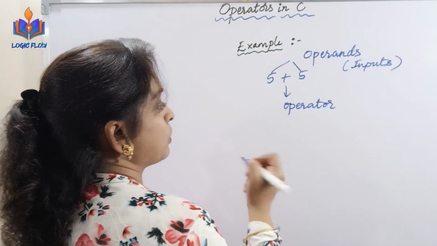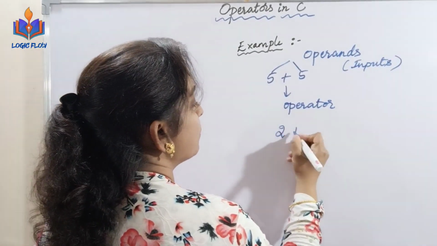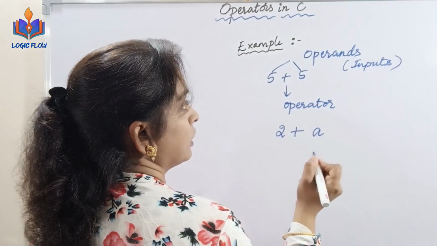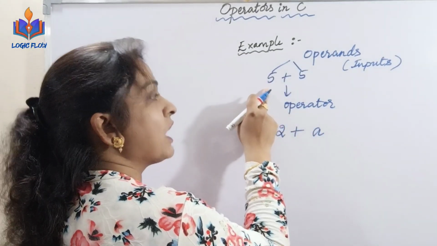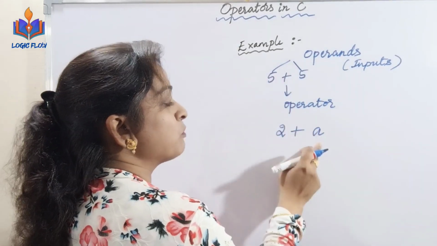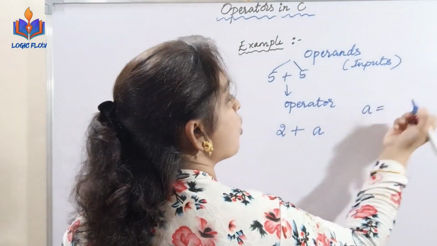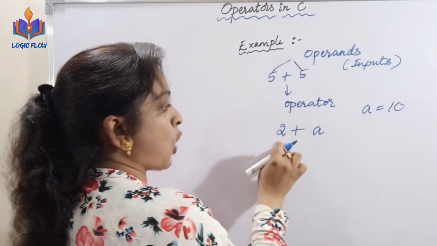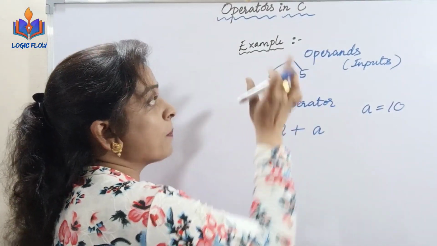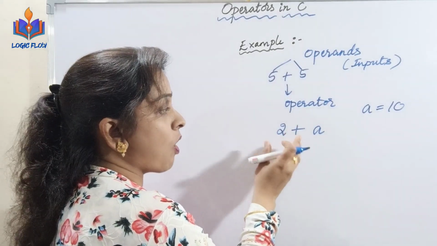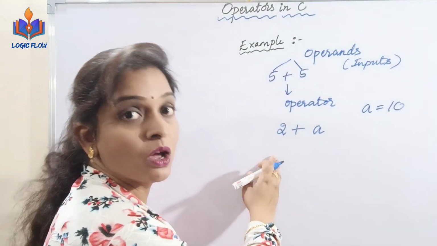Let me give you one more example. I just say 2 plus a. Here I am passing a variable, where a is a variable which may hold some value, and you have a constant. As I said, the operator operates on variables and constants.